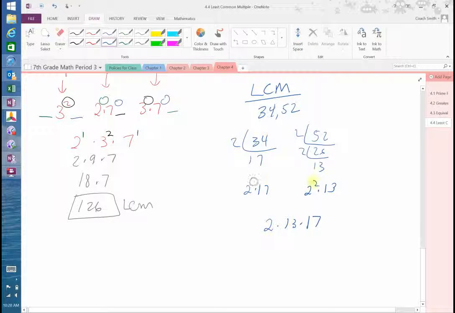I have 2 to the first, 2 to the second, so I have to use 2 to the second. I have 13 to the first, no 13, so I have to use 13 to the first. I have 17 to the first, no 17, so I use 17 to the first. So that's 4 times 13 times 17. That's 52 times 17. 52 times 17 is 884. And that's the LCM.